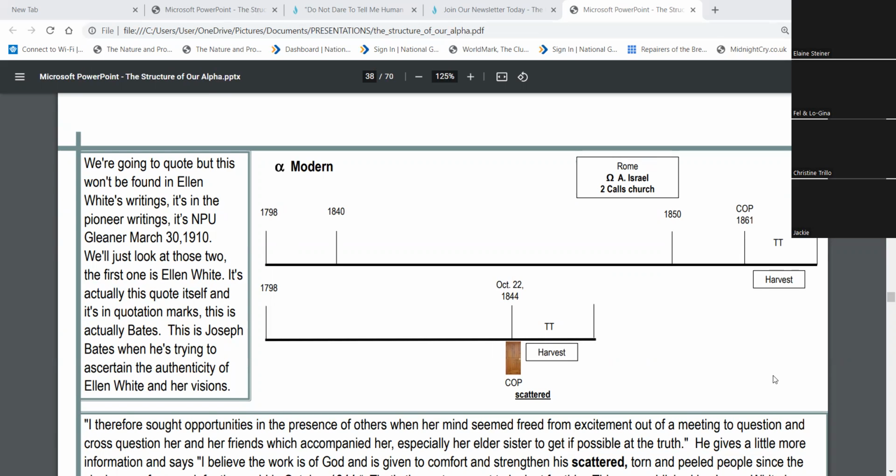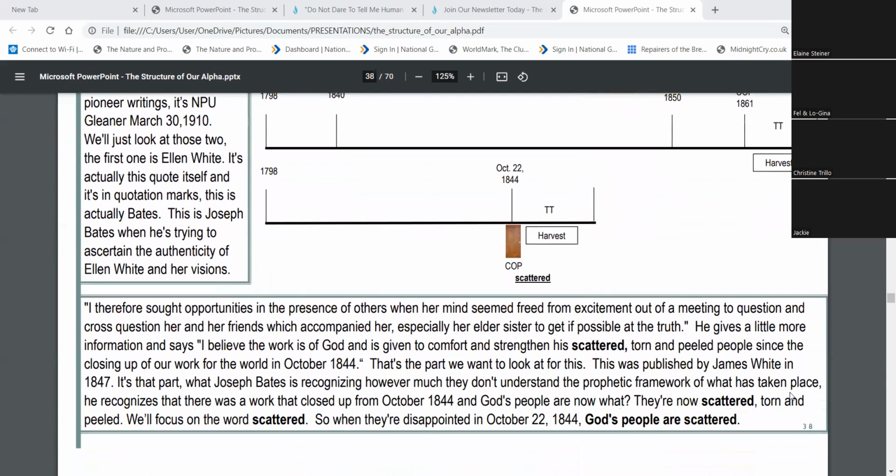This is actually Bates. This is Joseph Bates when he's trying to ascertain the authenticity of Ellen White and her visions. And the quote says, "I therefore sought opportunities in the presence of others when her mind seemed freed from excitement out of a meeting to question and cross-question her and her friends which accompanied her, especially her elder sister, to get, if possible, at the truth."